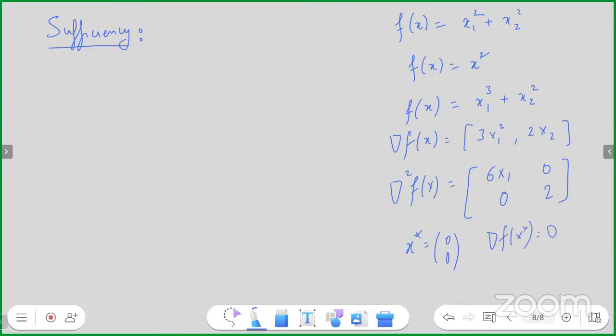What about the positive semi-definiteness? Clearly it's true because it's just 0, 0. Whatever you multiply with 0, 0, it'll end up being 0. So it satisfies the inequality y transpose del square f of 0, 0 y. Now try to find whether 0 is a local minimum or not.